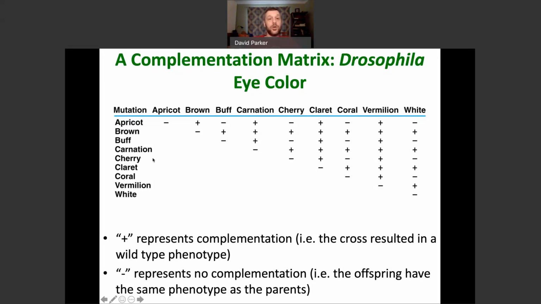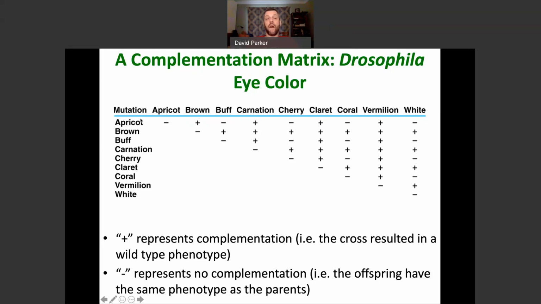And what I'm going to do is cross them all together with each other and see if the phenotype is rescued. So if I cross apricot with apricot, if I do a self-cross, there is no rescue, which means I put a minus on my complementation matrix. Which makes sense, right? I know that these 2 mutants are the same gene because I isolated them, they're the same thing.